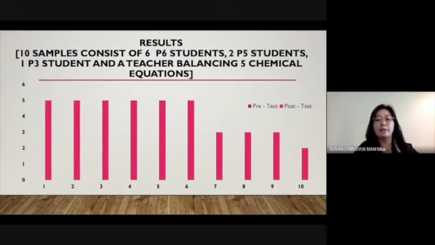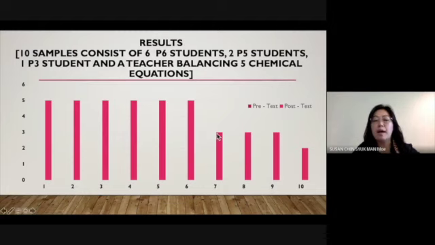After that, they will spend some time to rearrange the beads on the MyHelper balancing mat. And surprisingly, we have 6 students, but mostly from the upper level, from primary 5 and primary 6 students, they are able to complete all the 5 balancing equations successfully without any mistake.